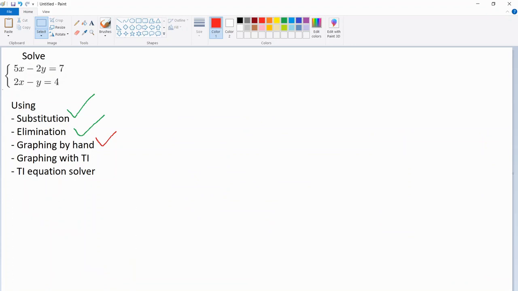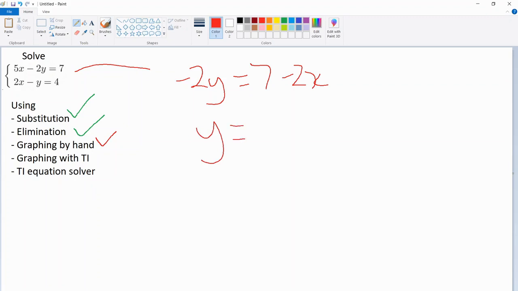We've isolated one of these at least already. If I bring that equation out and switch the x side, I've got 2y equals 7 minus 2x. Hang on, mistake, I copied that down wrong, it's 5x.